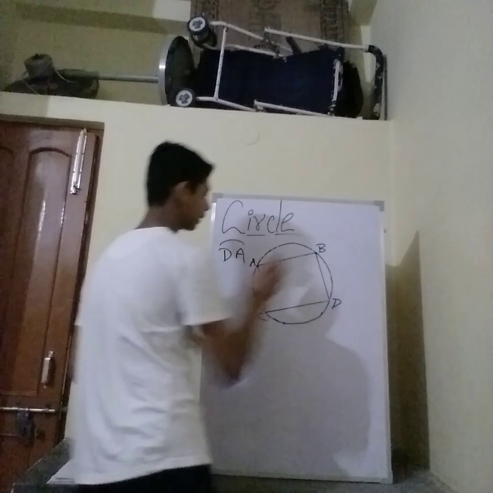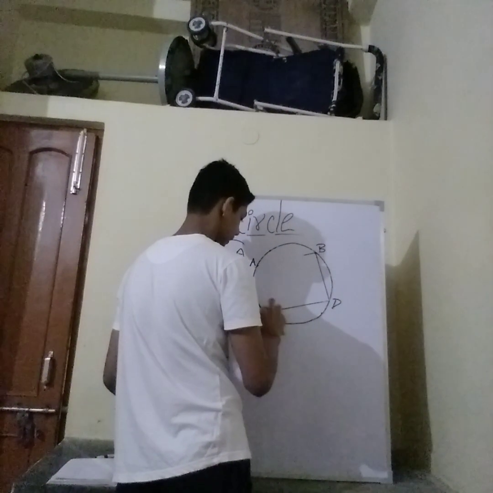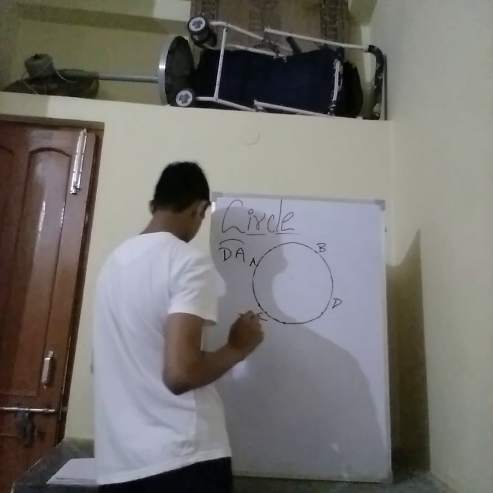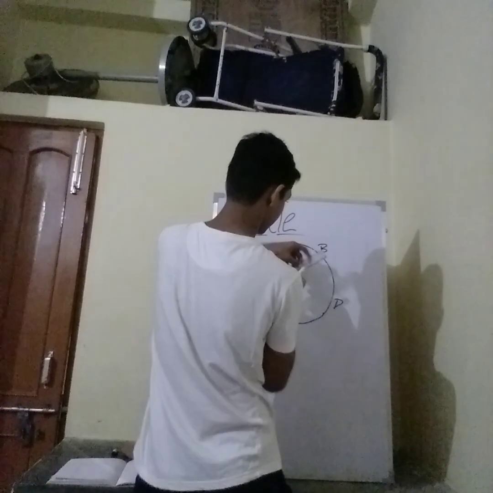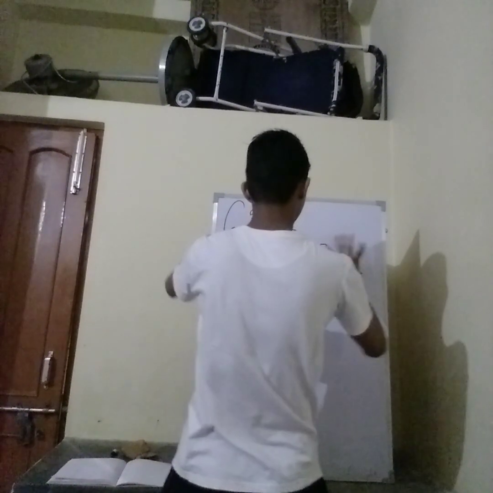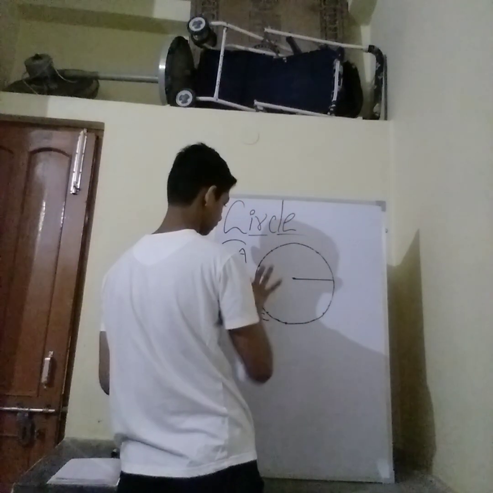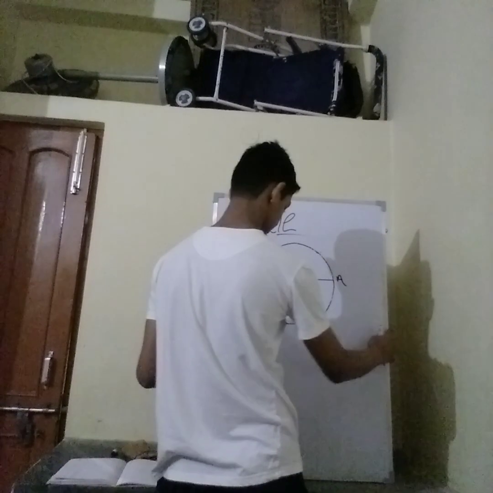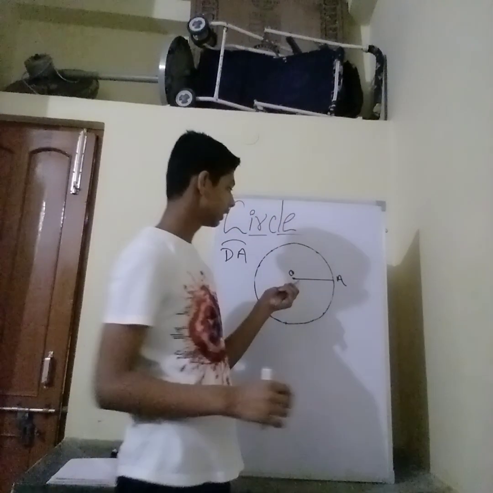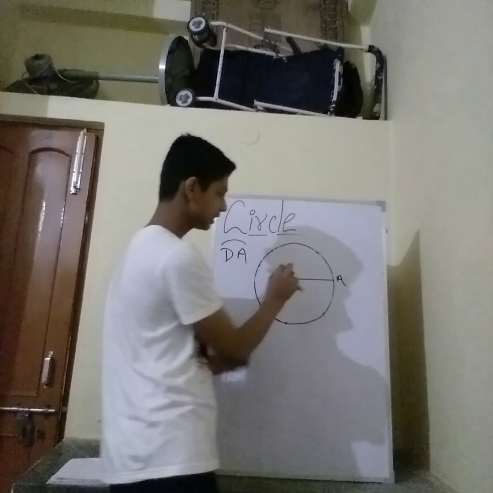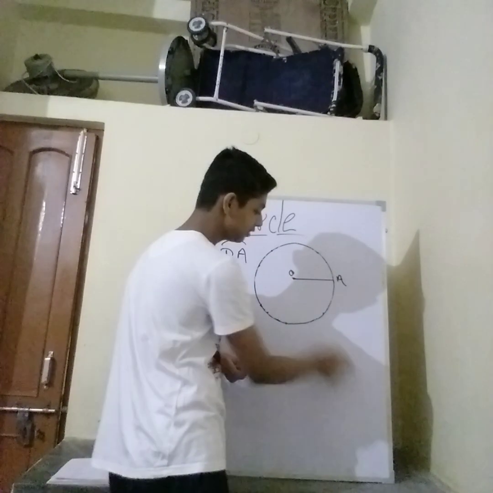Like if the radius of the first circle is this, and we draw the same circle with the same measure of radius here, then we can conclude that both the circles are congruent.